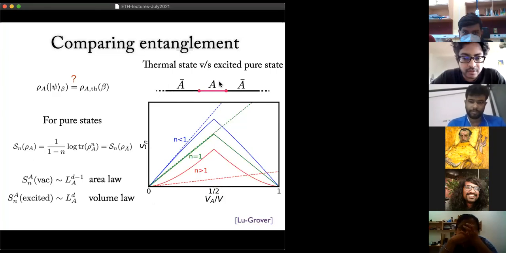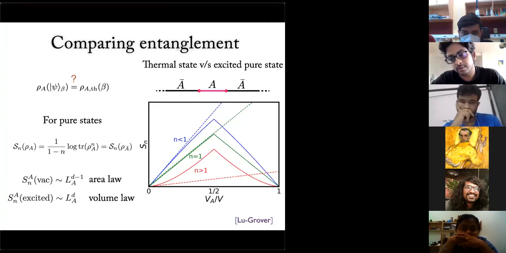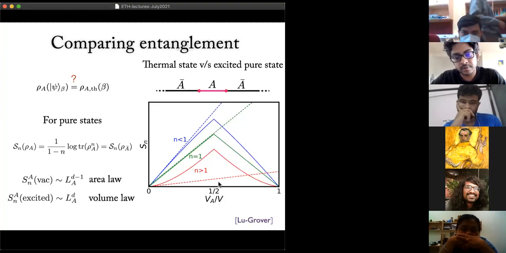Up to half the system size, it grows and matches. The dotted line is the entanglement entropy of the thermal state, which keeps growing forever, like a volume law. But for the excited state, it grows up to half the region, and since S of A equals S of A complement, it goes back down after half of the system. So you can see the agreement up to half the system size.